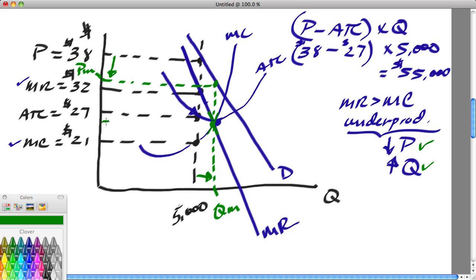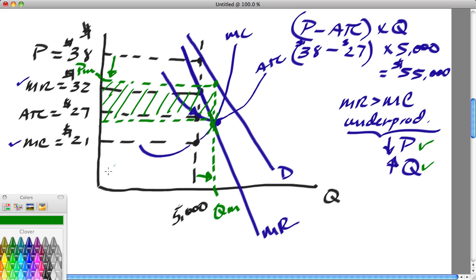And we can actually draw the profit box by finding the point on the ATC curve. I almost hate to even identify it. We've got so much going on here. But we have to find the point on the ATC curve that corresponds with QM, and then here's our total profit box. I'm going to draw one again, and I'll try to do a little better job of not getting everything in the same place.